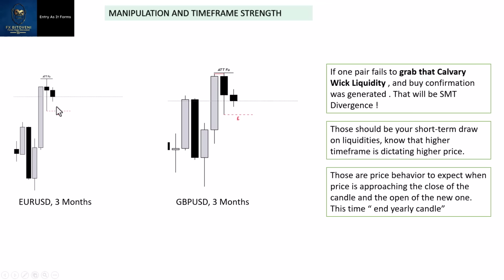So EURUSD may decide not to take this liquidity, however GBPUSD may go down and take it. If GBPUSD takes it and EURUSD fails, we call that smart money divergence. If one pair fails to grab that kind of liquidity and the buy confirmation was generated, that will be SMT divergence. Those should be your short-term draws on liquidity.